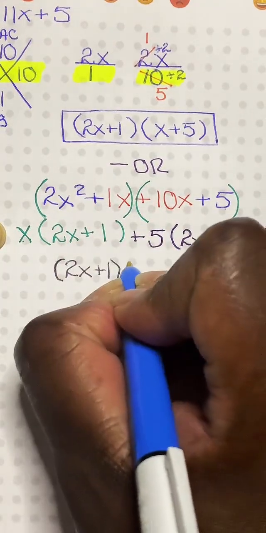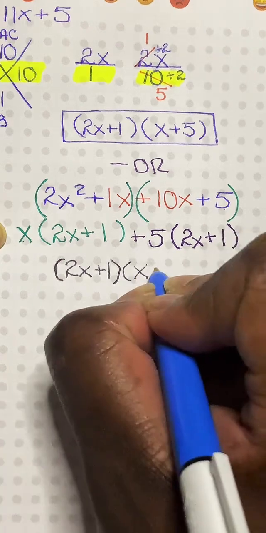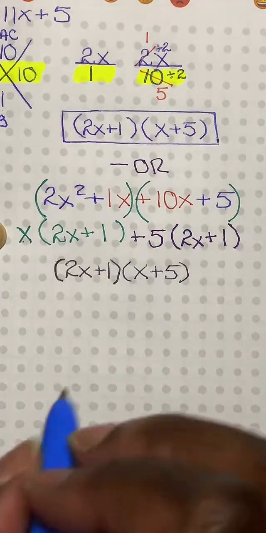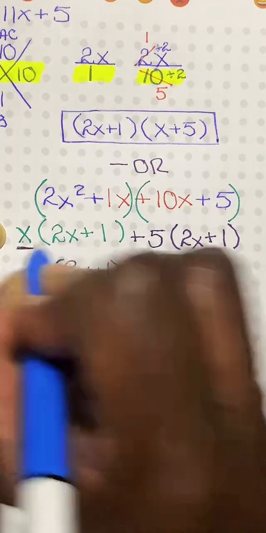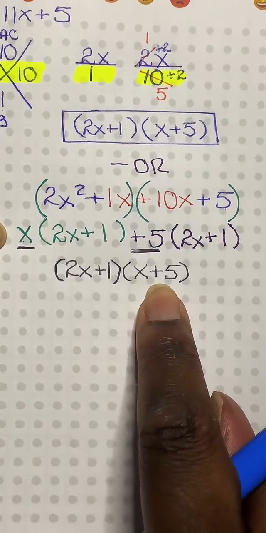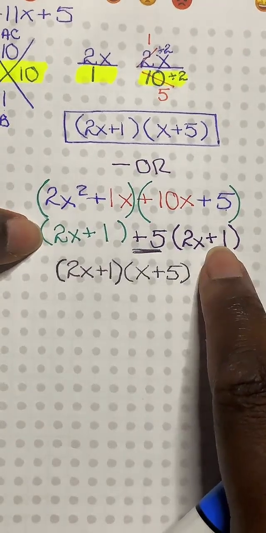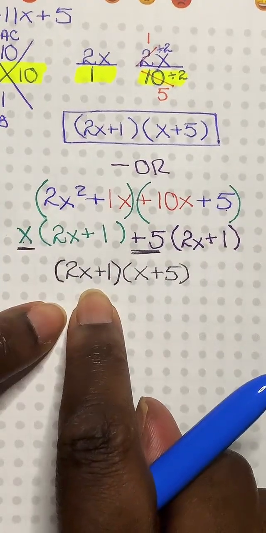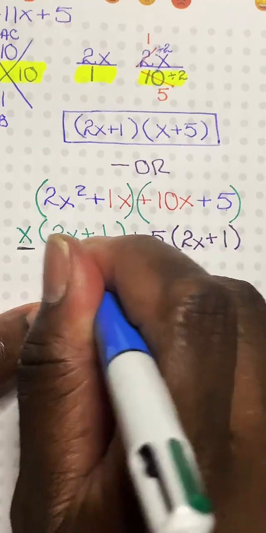And then what remained is x plus 5. And you're saying, well, where's that x plus 5 coming from? The numbers that are outside the parenthesis. You give them their own parenthesis. And then the two parentheses are exactly the same. You just give them their one. And this is your answer.